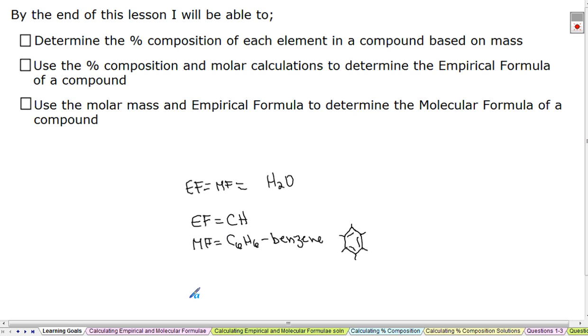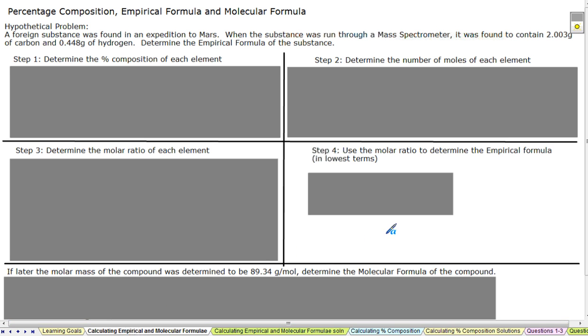What we're going to do is quickly go through a question that takes us through determining the percent composition, using that and molar calculations to determine the empirical formula, and then using the molar mass of the compound and the empirical formula to determine the molecular formula of the compound. Okay, so here we go.